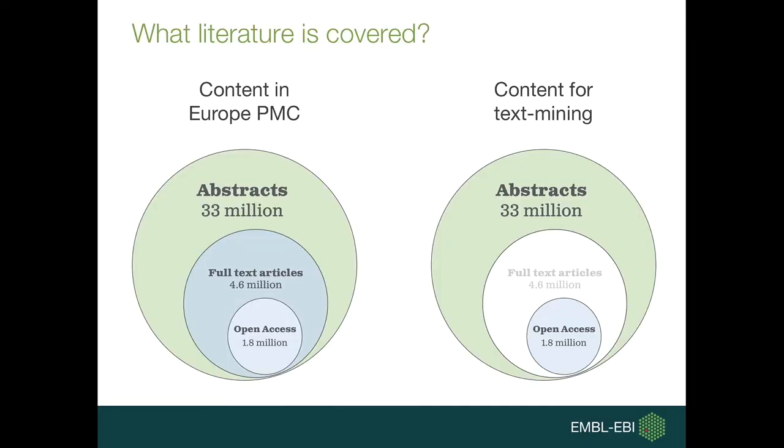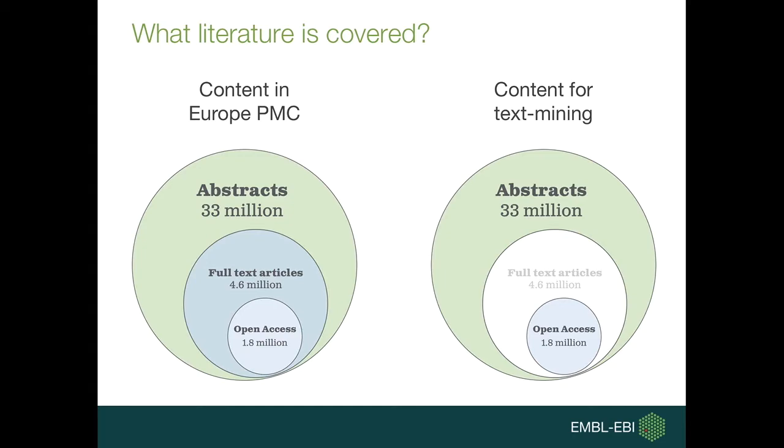First, let's look closer at the data available on the platform. Question 1. How comprehensive is it? As I have already mentioned, Europe PMC contains 33 million abstracts, of which 28 million come from PubMed and 5 million from other sources. Of these 33 million abstracts, 4.6 million also have full text available to read.